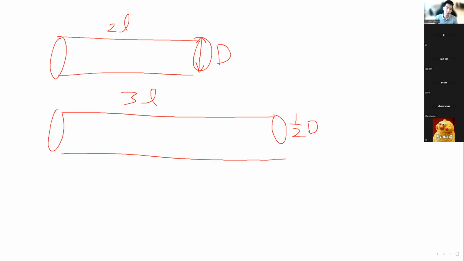Everyone. Oh, sorry. For ease of calculation, let's say it's 10 ohms. No, let's not make it 10 ohms. 4 ohm. Everyone, do this question right now.